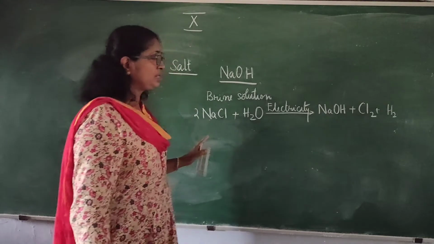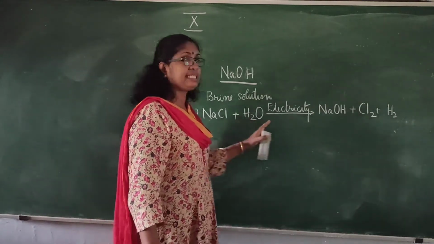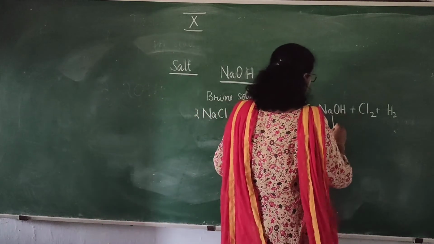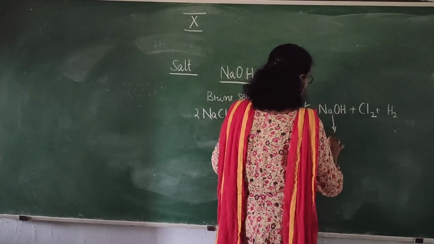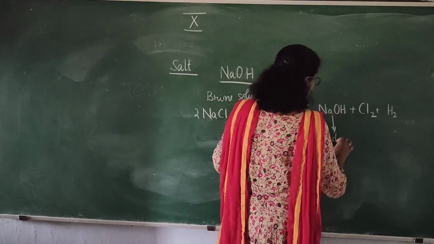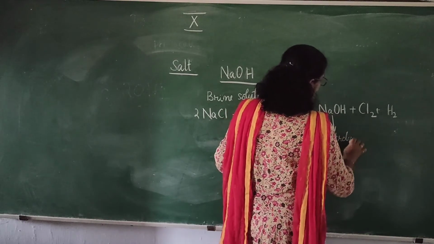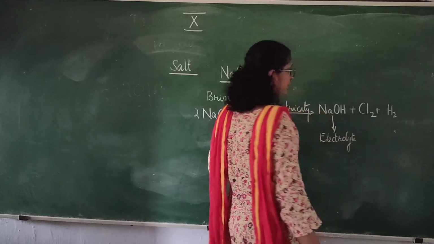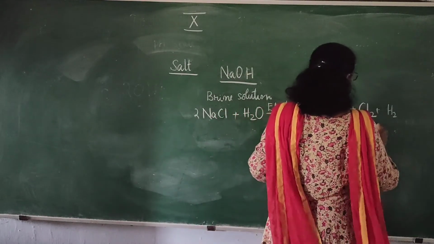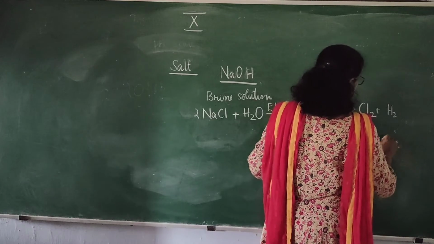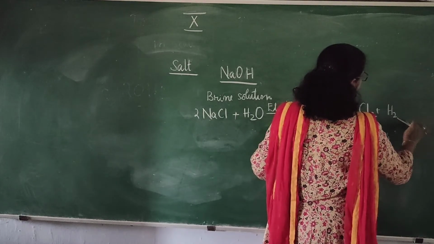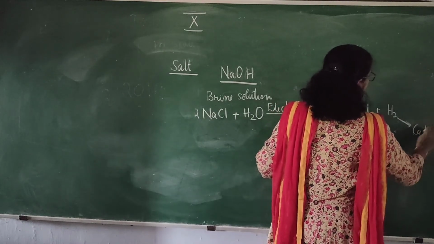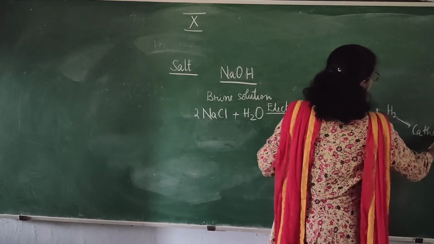You will get sodium hydroxide in the electrolyte near the cathode, chlorine at the anode, and hydrogen at the cathode.